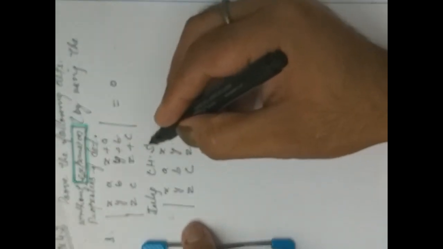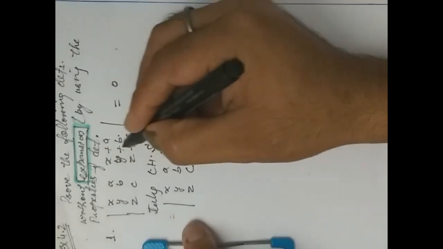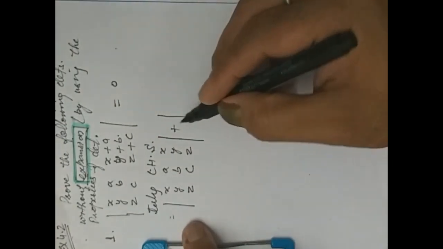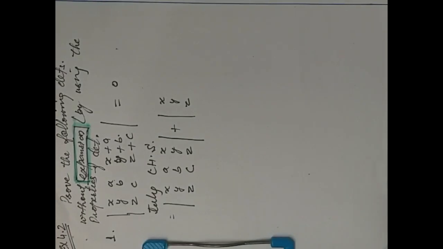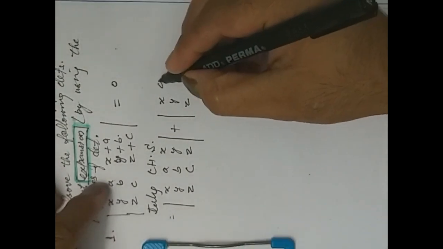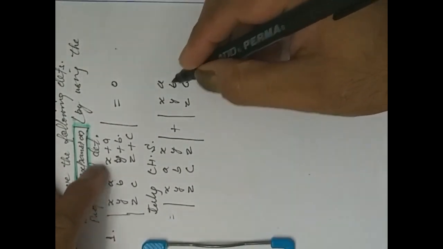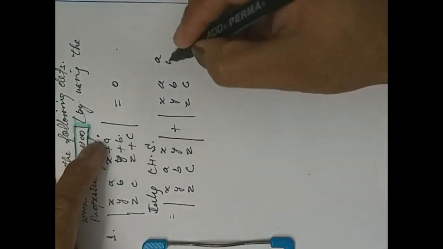First elements we have taken. Now after this is plus, so we put plus, then x, y, z, then a, b, c, and then this is a, b, c.